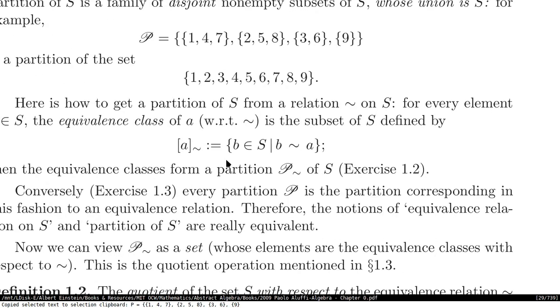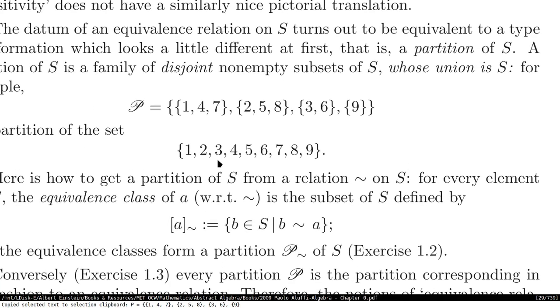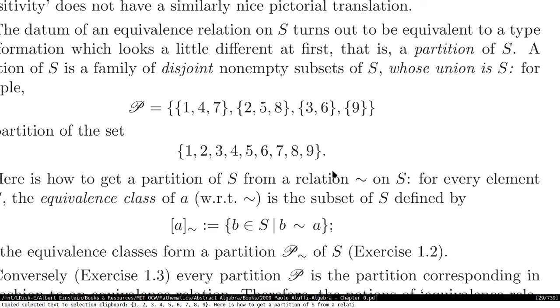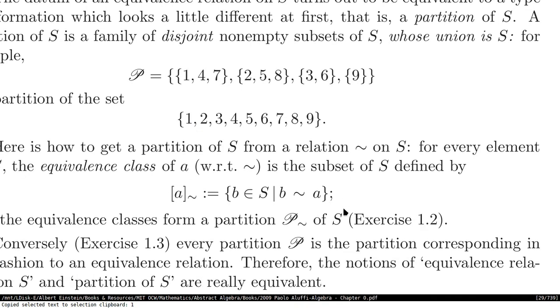For example, on this set we define some kind of equivalence relation tilde, where B tilde A is read as B identified with A. So we can identify 1 with 1, then 1 with 4, and then 1 with 7, right?